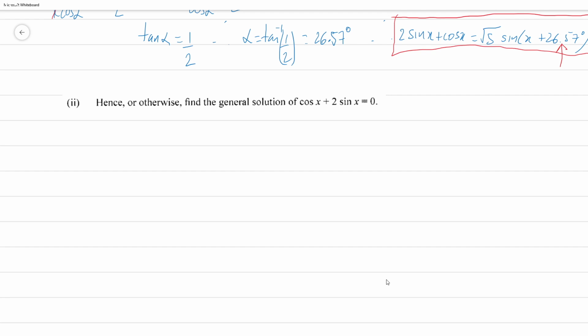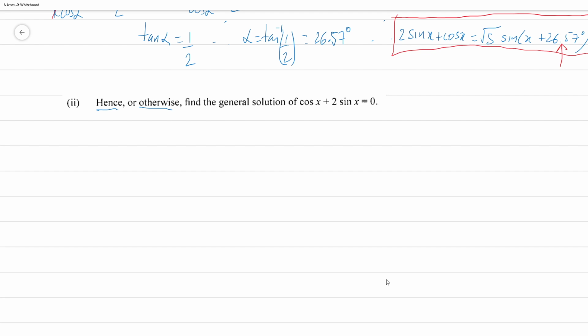So they say hence or otherwise. You could obviously use the otherwise and form probably tan x on this side and try to solve it like that. But let's utilize the hence part of it and use this format here to solve for the expression cos x plus 2 sin x is equal to 0.